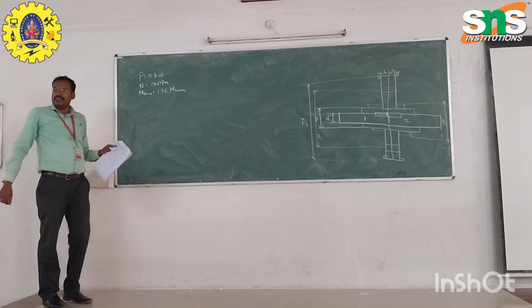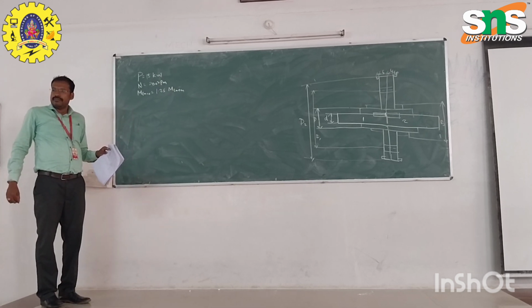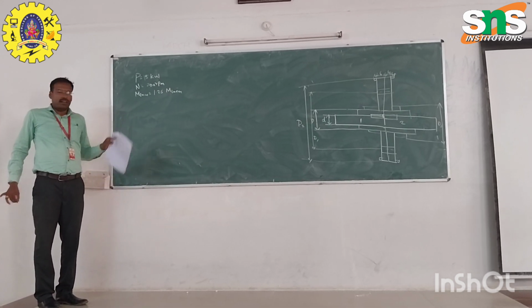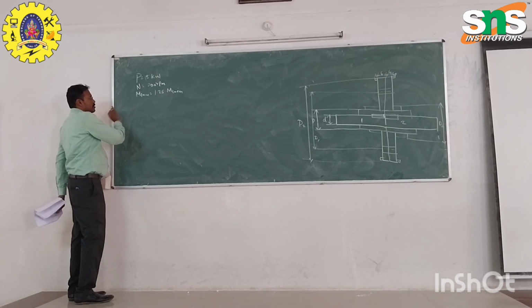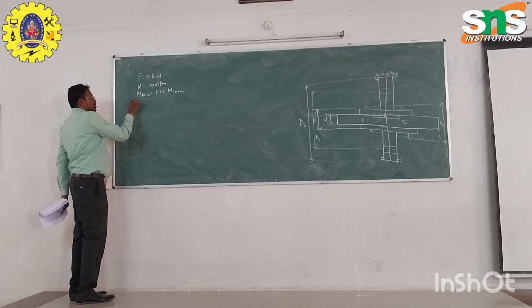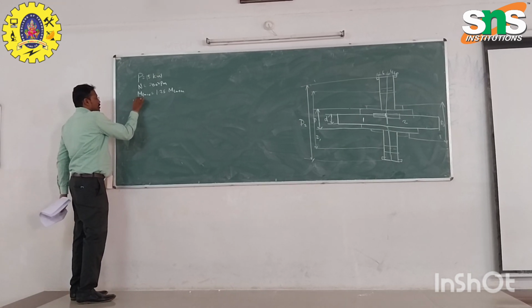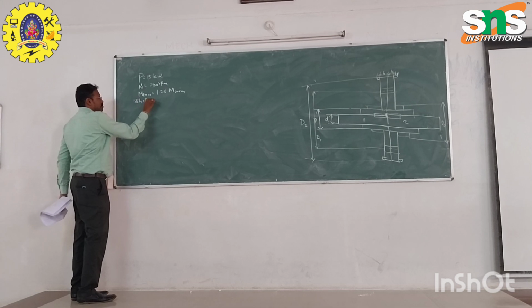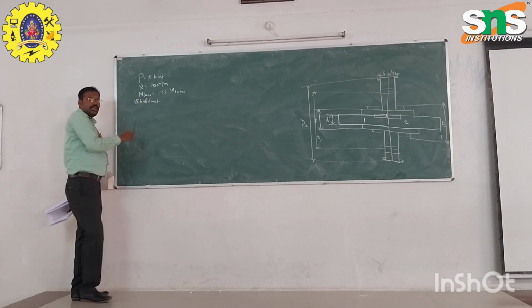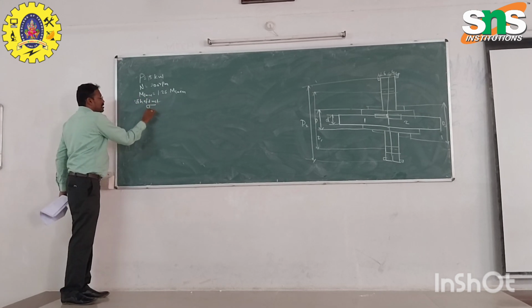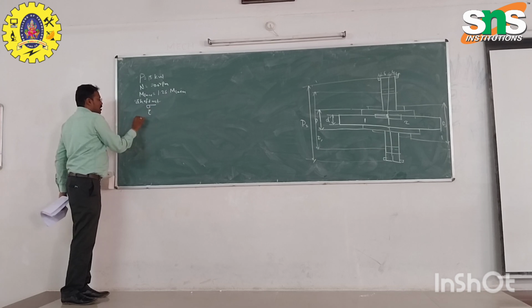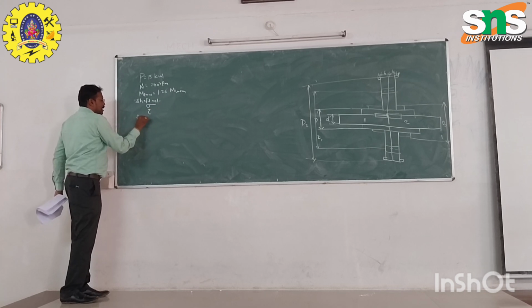Next data. Shaft material: cast iron. Then we have flange material.